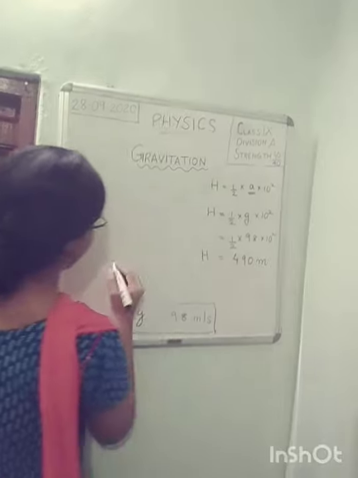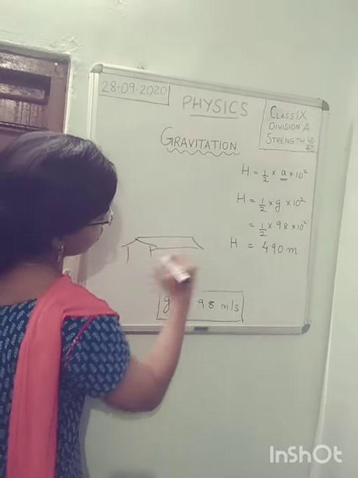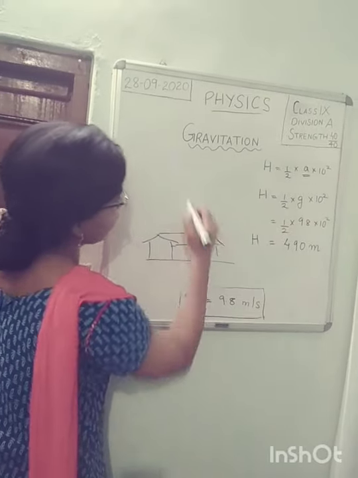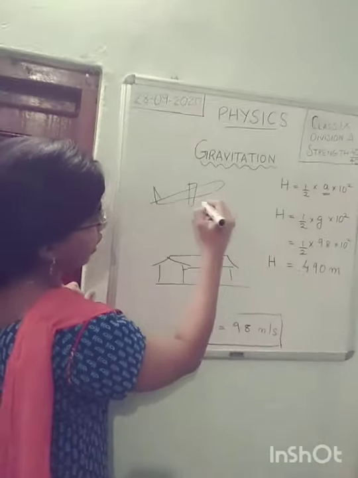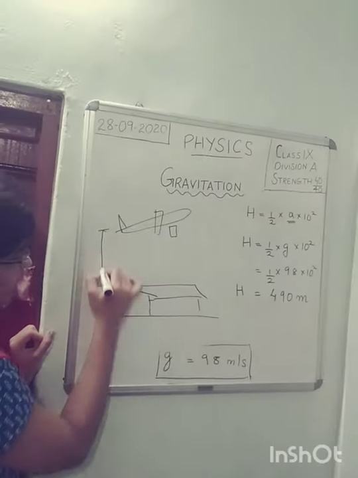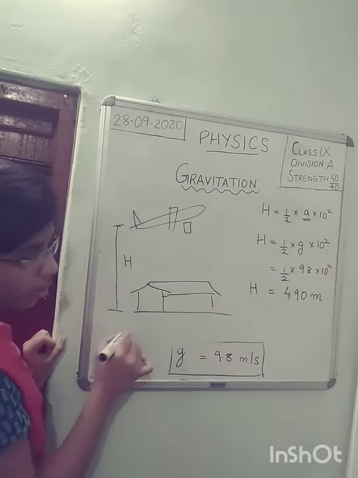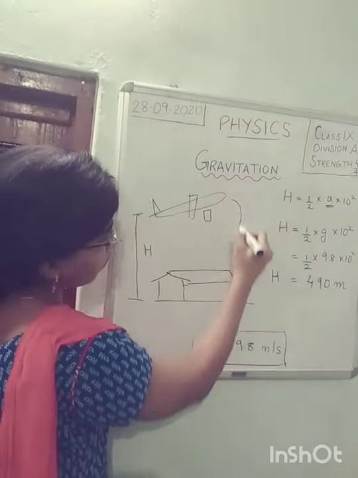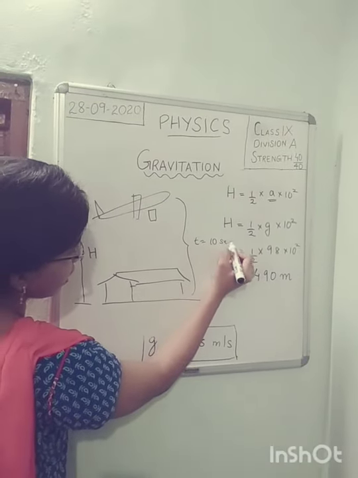So here we saw that if this was your house and this was a plane and the box was thrown from the plane, we can easily calculate the height at which the box was thrown when the time taken to reach the earth was given to be 10 seconds.